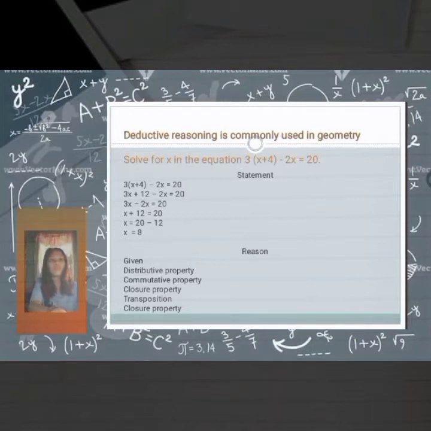The first statement is the given. And we can distribute the 3 from the quantity. So it will become 3x plus 12 minus 2x is equal to 20. And the reason for this statement is the distributive property.